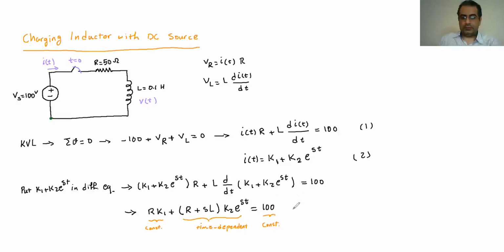So the time-dependent term should be 0. This part is not going to be 0. The only way that your time-dependent term becomes 0 is that this coefficient becomes 0.